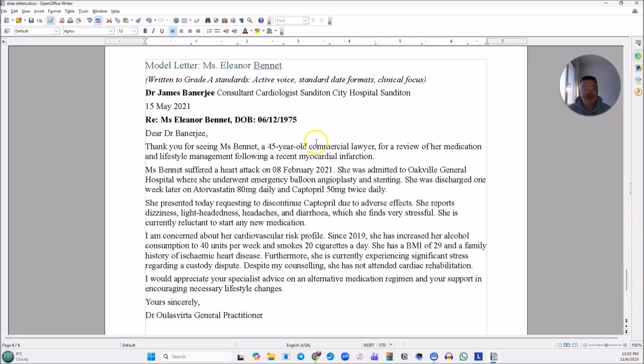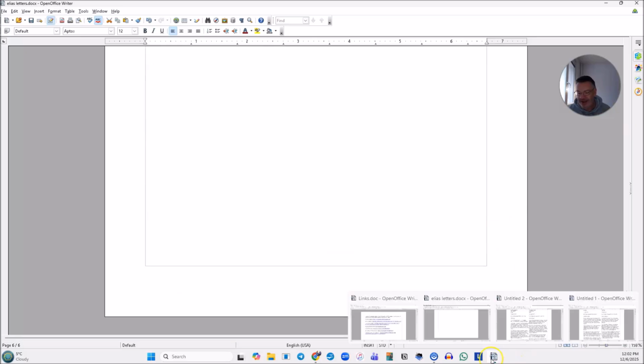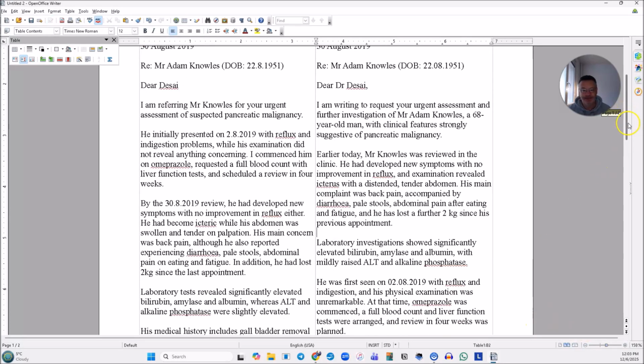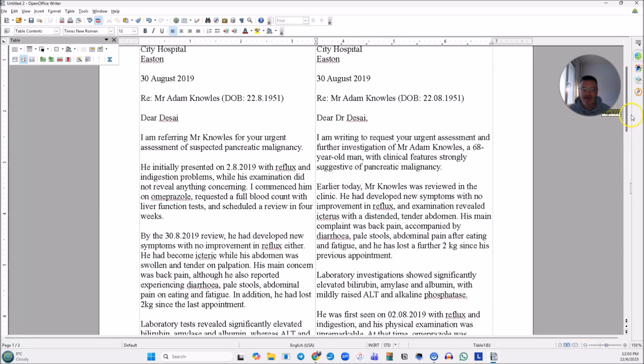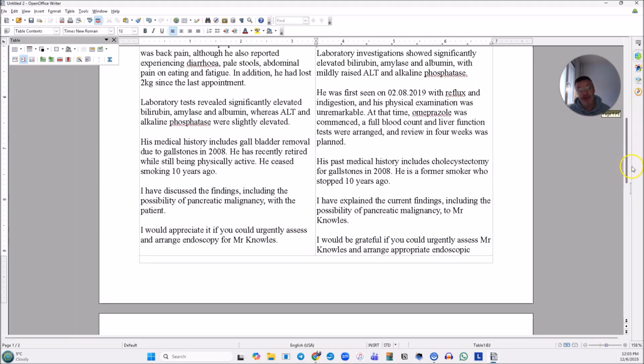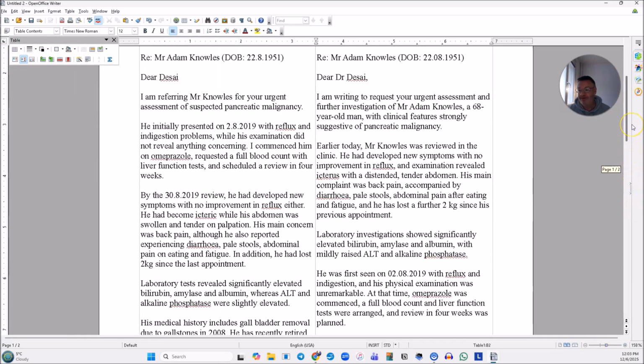Marital lawyer, we don't need that. Review of meds, okay. Heart attack, okay. Discontinue captopril, special advice, okay. So that's not too bad, but I think you will agree, I certainly hope so, that my version is better. My chat version, which I've trained, even though I have to keep on iteratively prompting it, I think you'll find that my version is better.